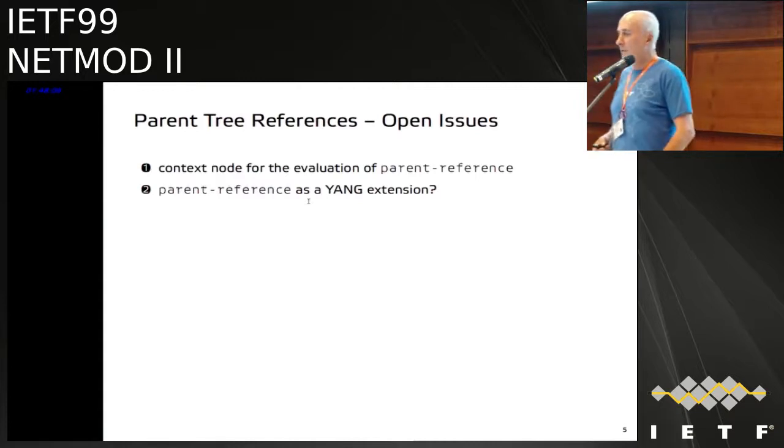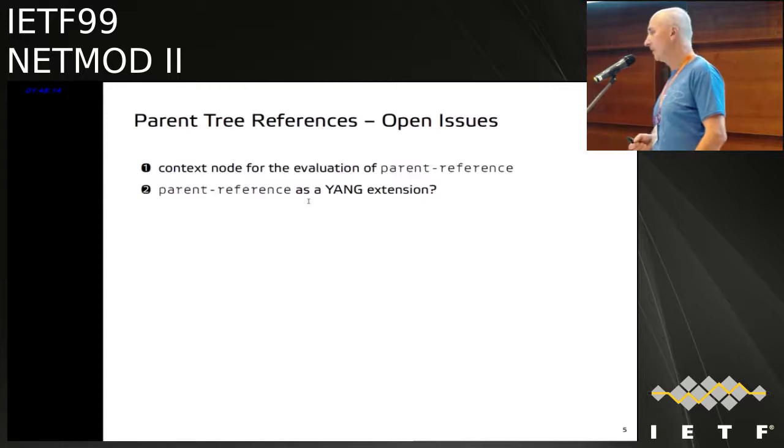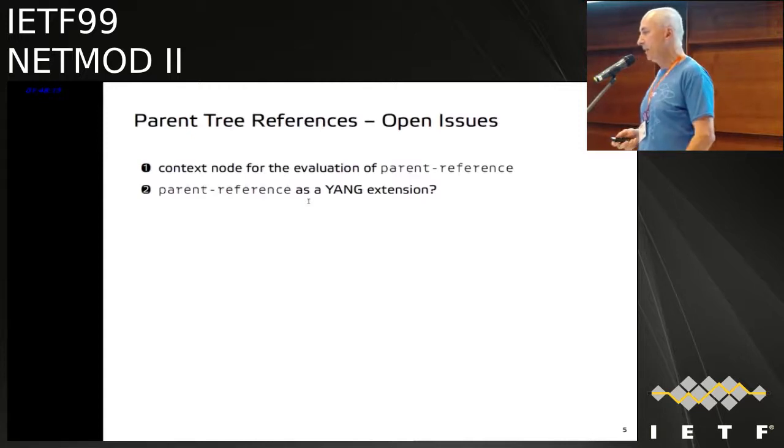There are, in my view, 2 open issues that have been discussed among the authors and contributors, but they are, I believe, not mentioned in the current revision of the draft. But I think it's worth mentioning these issues here because they may be raised later, and I would like to ask all potential authors of modules using schema mount to consider what it means for their data models.